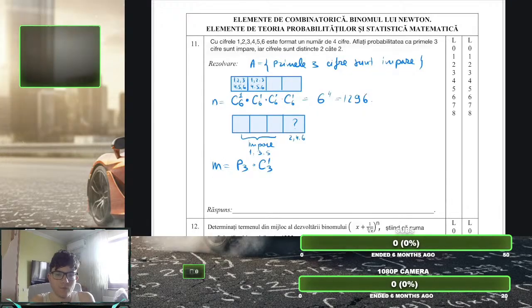Hold up. Other ones are 2, 4, 6, right? So if the other ones are 2, 4, 6, and they must be distinctive 2 by 2. What does that mean? How is this even possible?